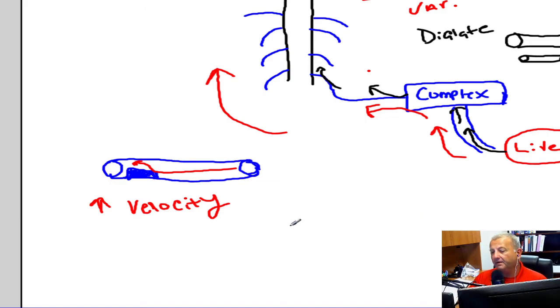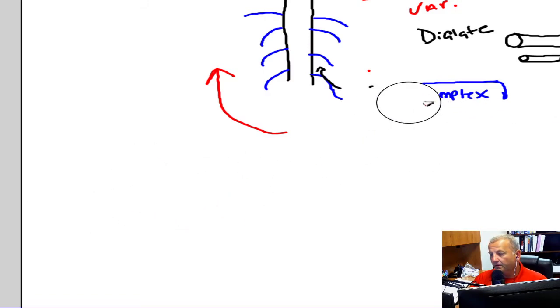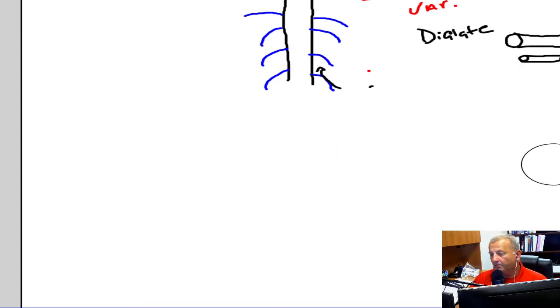So now let's talk about the stomach a little more. Okay, so we have our stomach. All right, and so the stomach needs to do a couple things. It's a container for food, right? But what is found inside the stomach is hydrochloric acid.